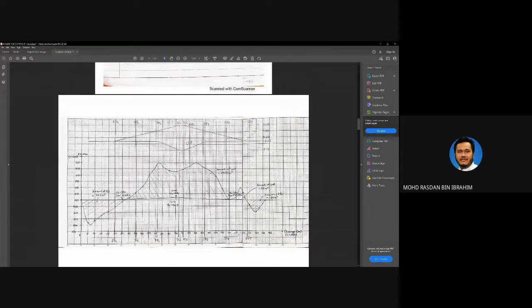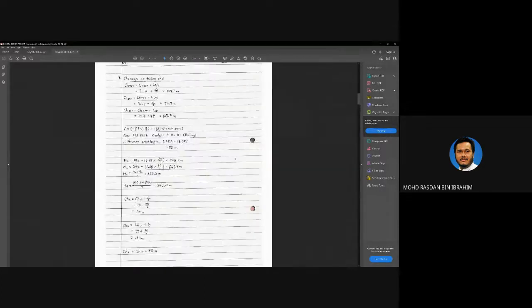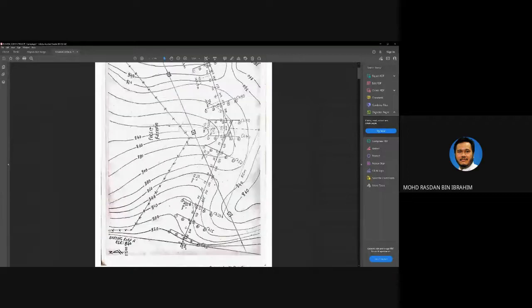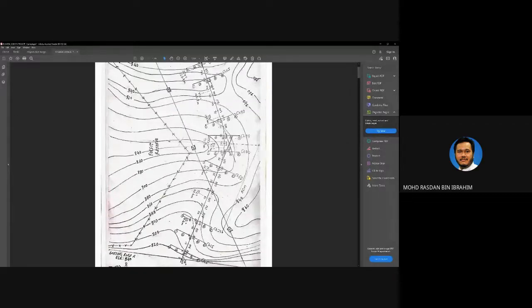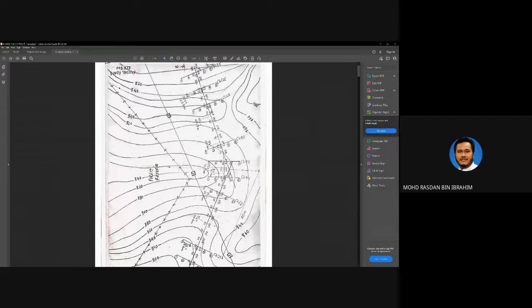What you see in the plan here, the topo map, is the horizontal alignment. This is your road seen from above.